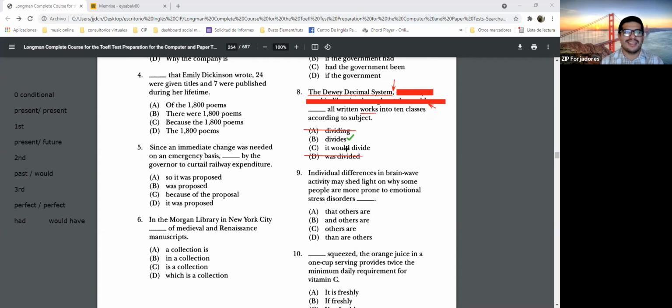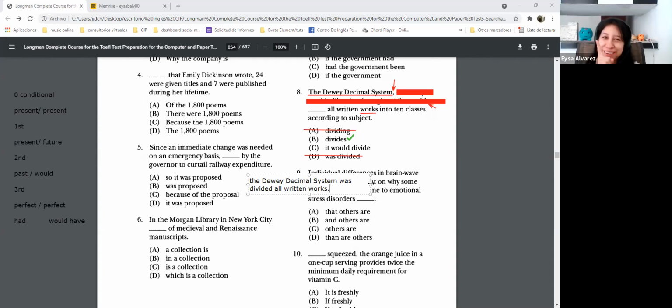Okay, so let's see. If you choose letter D, that means that this is the subject, the Dewey Decimal System. The verb is was divided, that is passive. Okay, and then all written works. So what is one of the most important things about the passive voice? That first we mention the object that we are talking about.